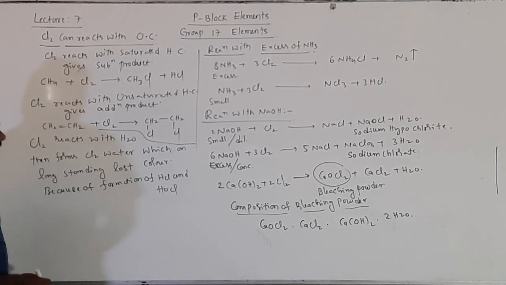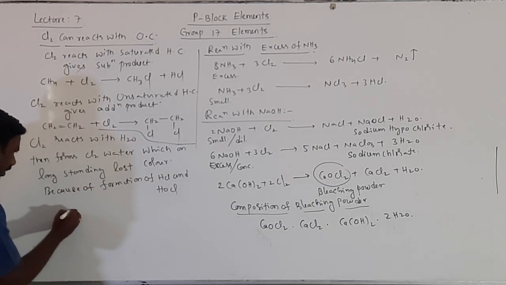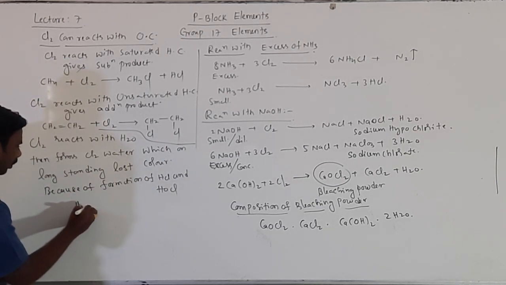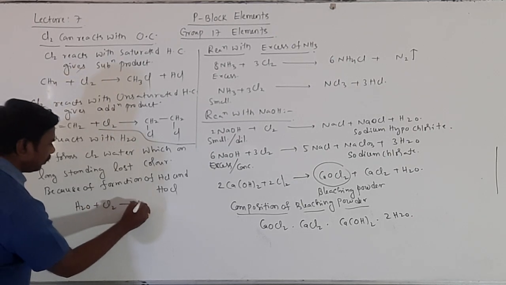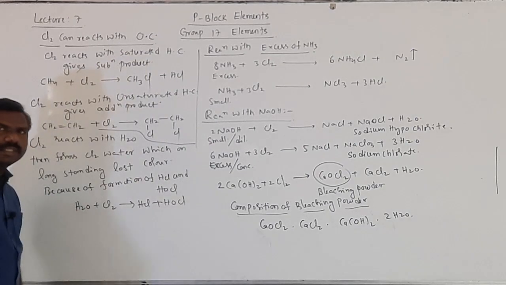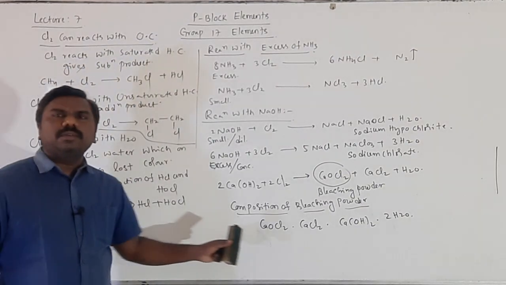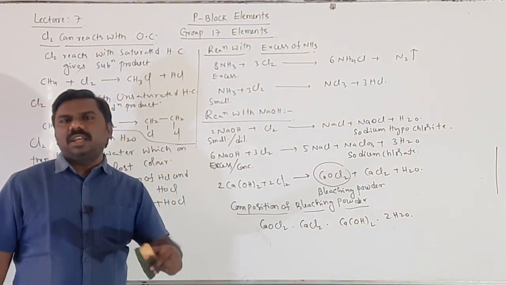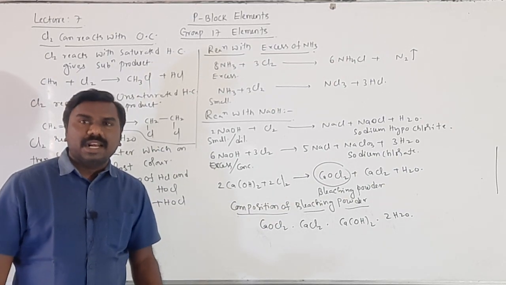It means H2O plus Cl2 gives rise to HCl plus HOCl. Okay, students? So Cl2 is converted into HOCl, because of that the greenish yellow color becomes colorless.